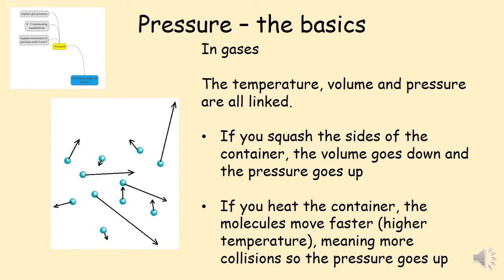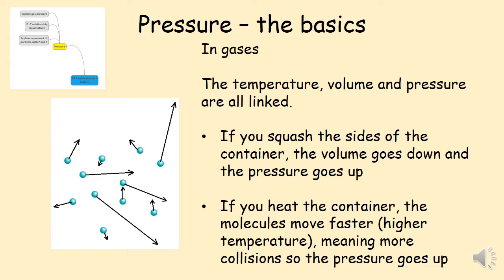So in gases, the temperature, the volume and the pressure are all linked together. So if you imagine squashing the sides of a container, that will make the volume get smaller. The volume will go down. But it will also mean that the pressure inside there goes up, because the molecules are going to hit the sides more often with a smaller volume.